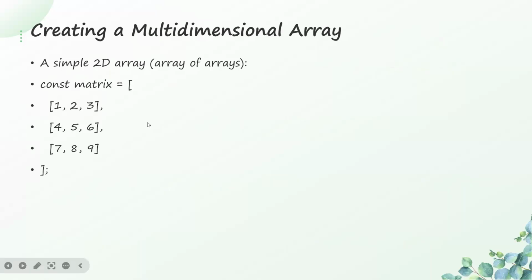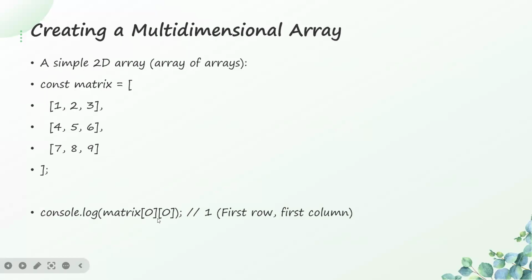If you look at this matrix, the elements of this matrix array are arrays, but they are just simple arrays. They don't contain any other arrays. And when you run console.log matrix, the first index, the first square bracket here, would get the first array.